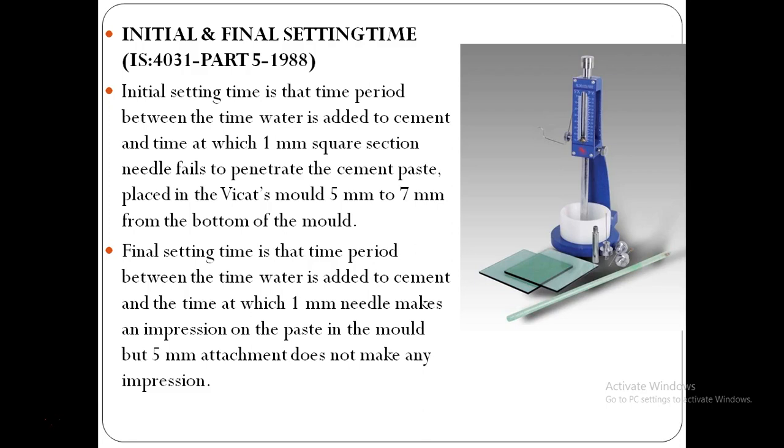He may get confused between Vicat and Lee-Chatelier. The Lee-Chatelier is for soundness, while the Vicat apparatus is to measure the initial and final setting time of a cement. The testing procedures are given in IS 4031 part 5.